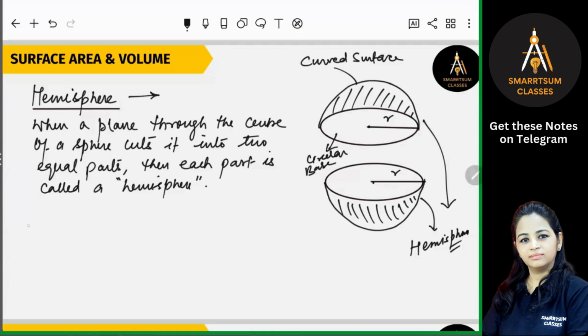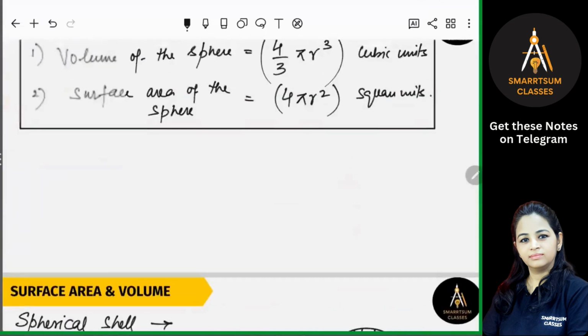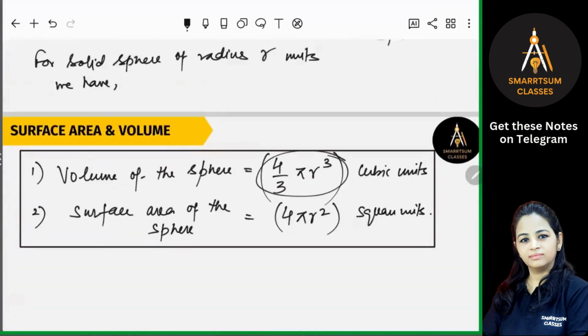So what will be the volume, the curved surface area and the total surface area of a hemisphere? The volume of the hemisphere is half the volume of the sphere, because we have cut that sphere into two. The volume of the sphere was 4 by 3 pi r cube.